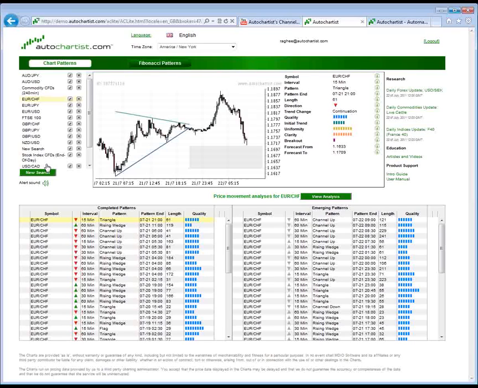So the higher volatility is usually when London, Paris, Frankfurt, and New York are overlapped. The Asian session, therefore, while still a viable session, is much less volatile.